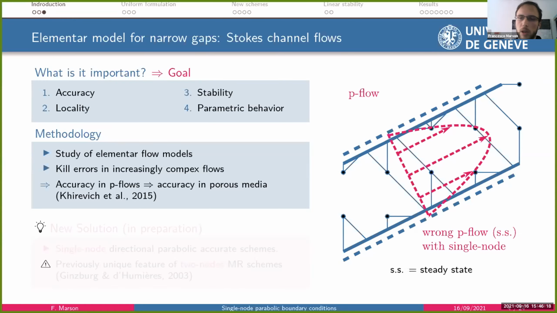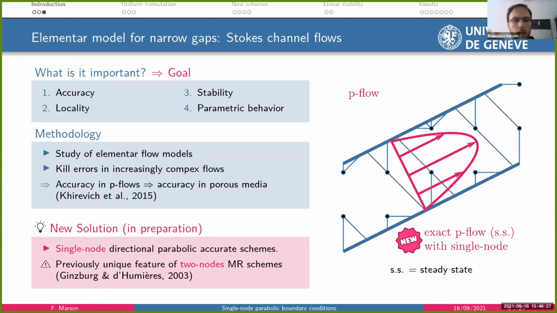And this is impossible also in the case of a horizontal channel, so aligned with the nodes. So we developed a new correction that is able to deliver an exact solution for this problem, also with a single node boundary condition that is local in time and space. This was previously a unique feature of advanced multi-reflection schemes that are non-local, at least when we are talking about directional boundary conditions.